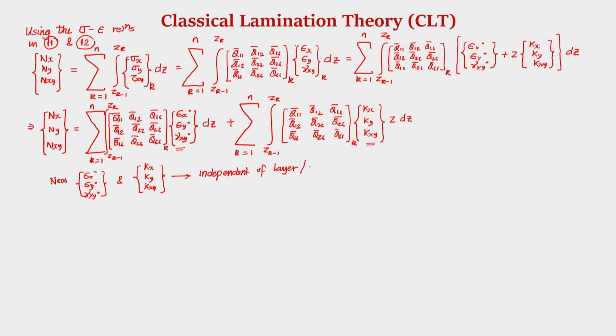That means, it is immaterial which lamina we are integrating or which ply we are integrating, because I am writing all these three since many times ply, layer and lamina are used for the same meaning. So, these are independent.